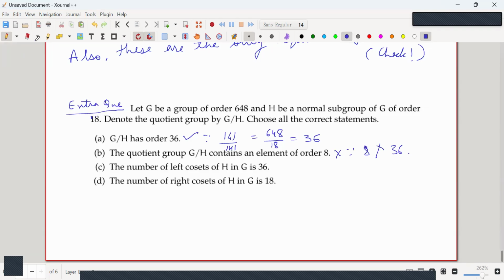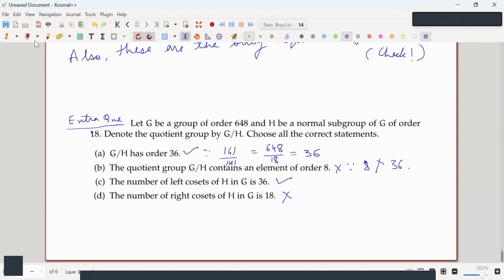Now, number of left cosets of H in G is 36. We have already seen a similar question, and this is not true. So this is exactly the same question, only the number has changed. Maybe I try to discuss something which is not of the same nature.